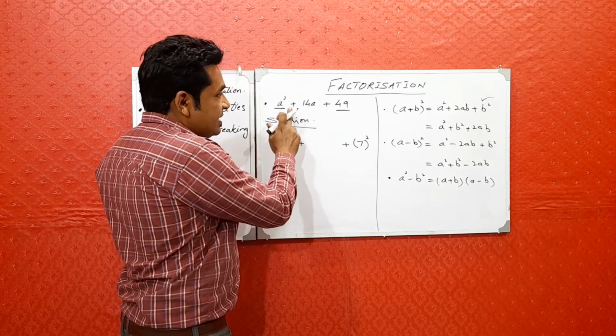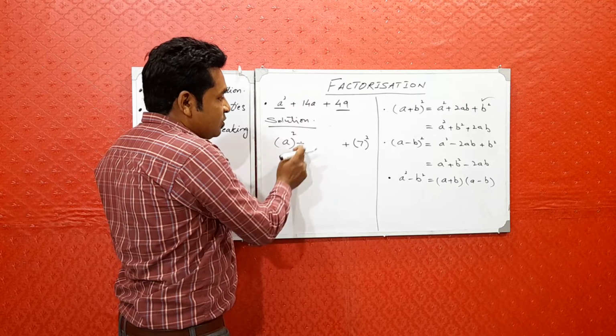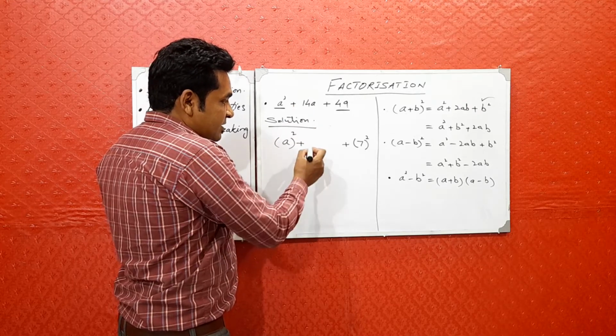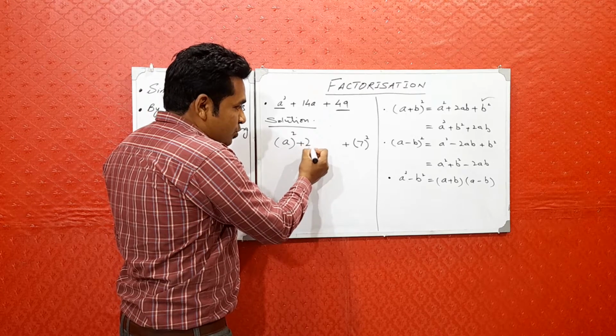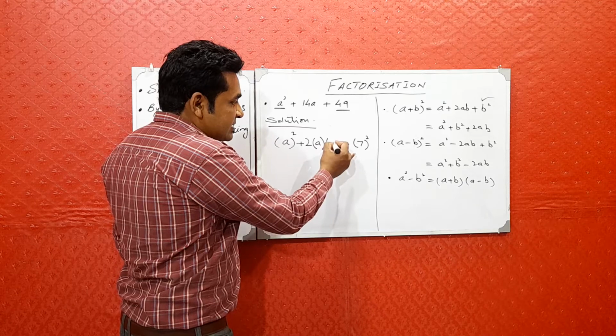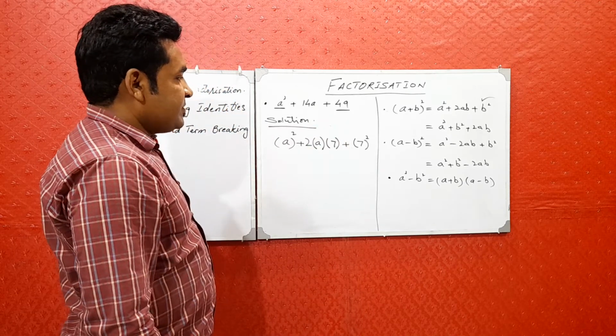Now in this space, if the sign of the middle term is positive you will use a positive sign, and if it is negative, you will write a negative sign. Keep this in mind. Now you write 2, then the first term a, and the last term 7.